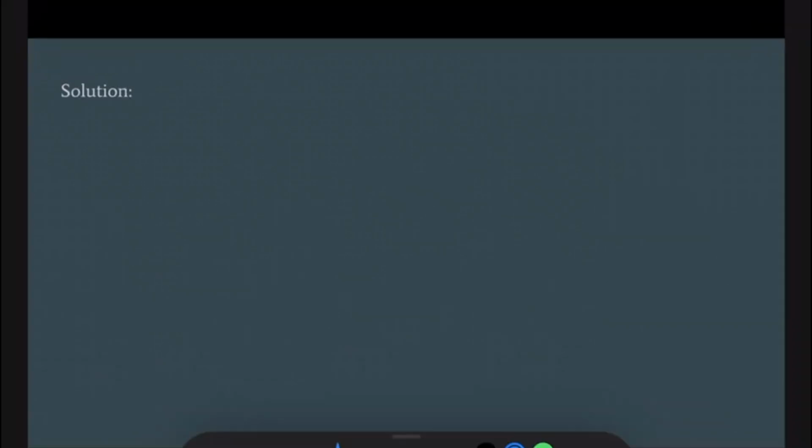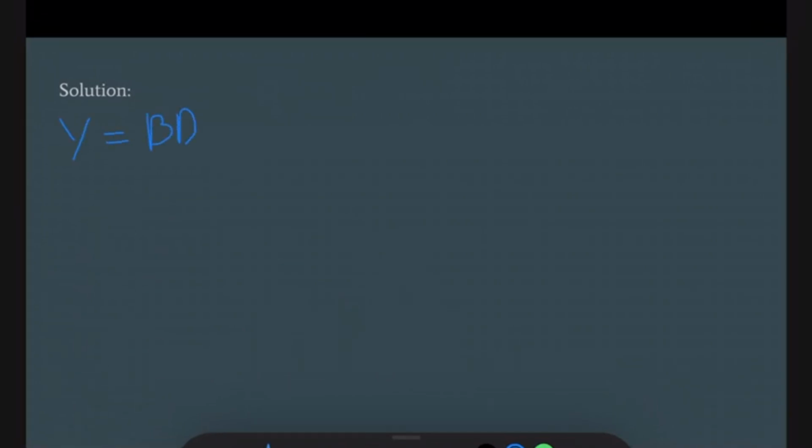We take y as BDM, berat dengan muatan, while x we give to BTM, berat tanpa muatan, which is unloaded. BTM is unloaded, BDM is loaded. Here we want to find out the relationship between these two variables.